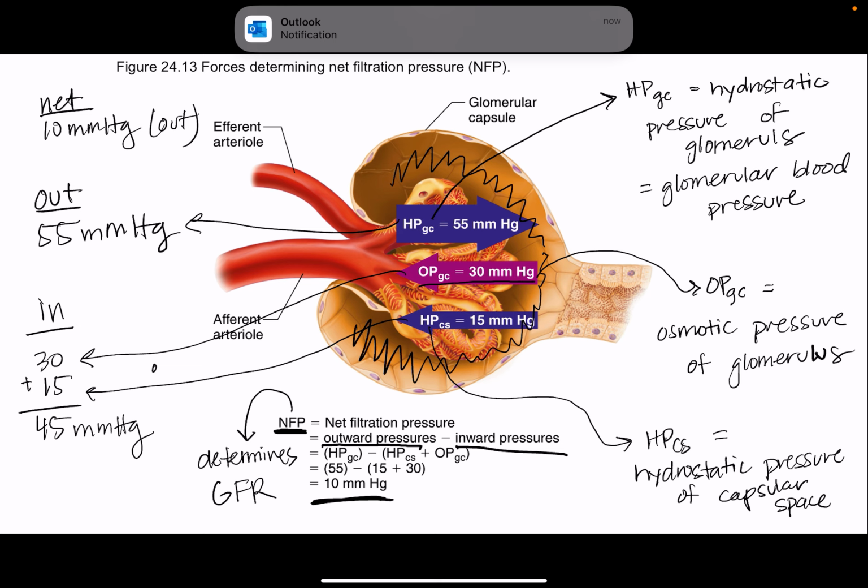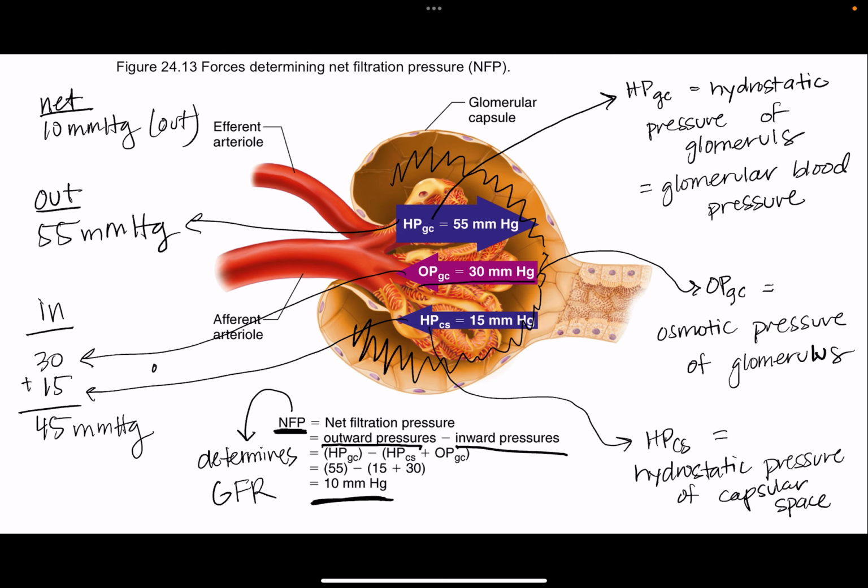It is these pressures that are working against each other. Any questions about this? So the bulk of the movement is going to be outward, which allows us to make the filtrate.